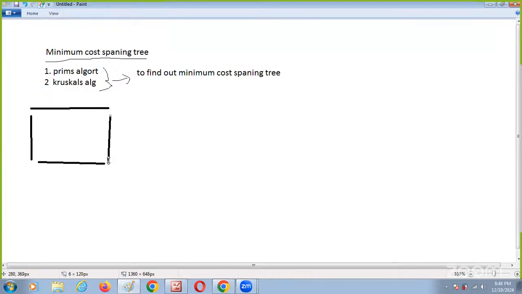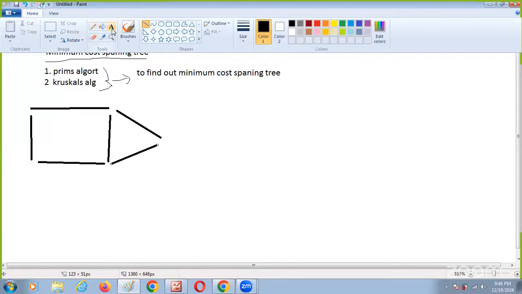And later we will work out the time complexities also. That is also asked in the exam.